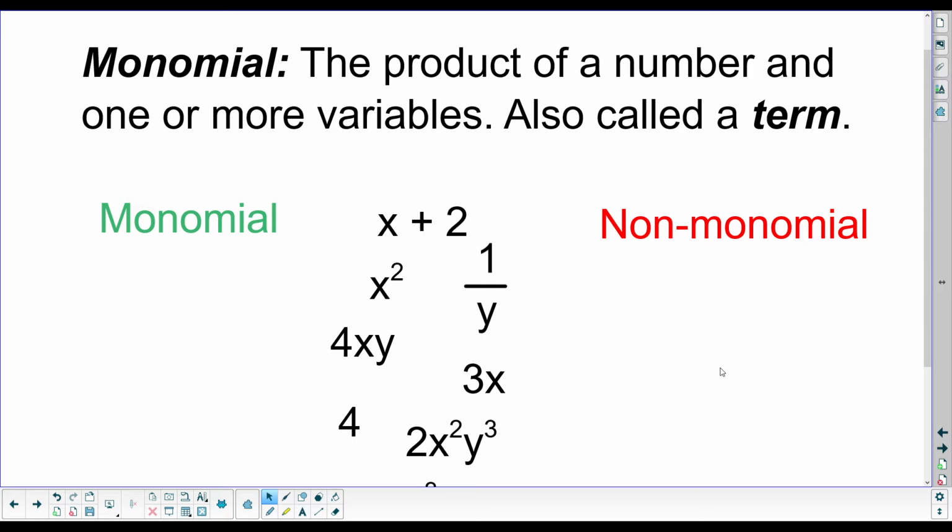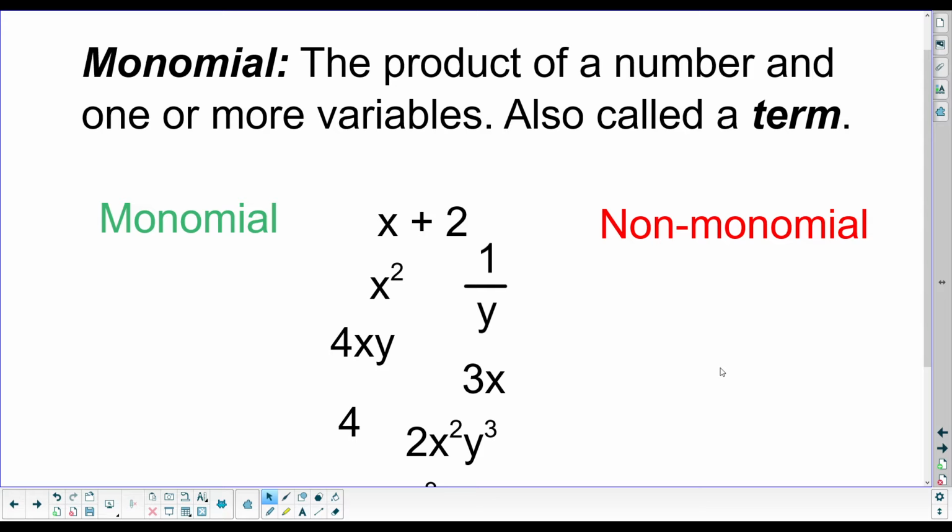It could be multiple variables, but it's just the product of those. We can also talk about a product or a quotient. Product and quotient are considered the same kind of operation, it's multiplying by an inverse.